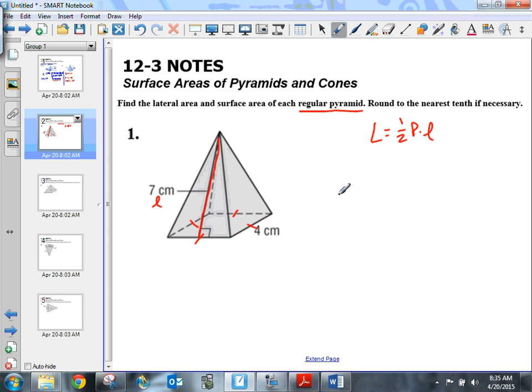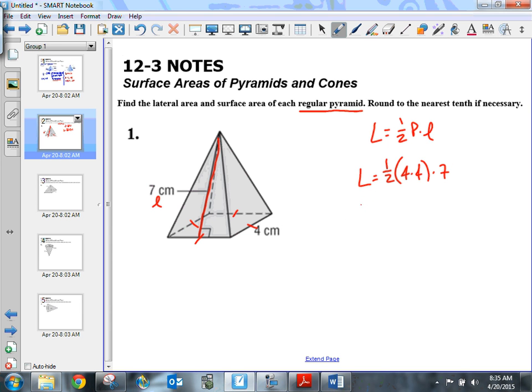So if I wanted to find my lateral area, I would simply take 1/2, and because I have 4 sides of my base that are 4 centimeters, I'm going to take 4 times 4 centimeters for my perimeter of the base. And then I'm going to multiply that by my slant height, which is 7.